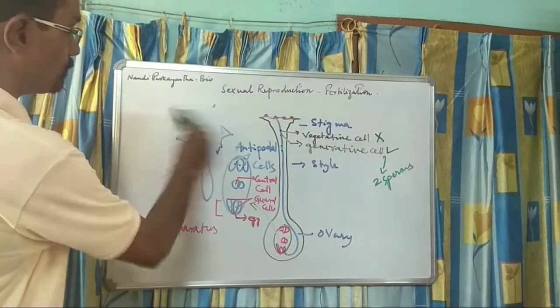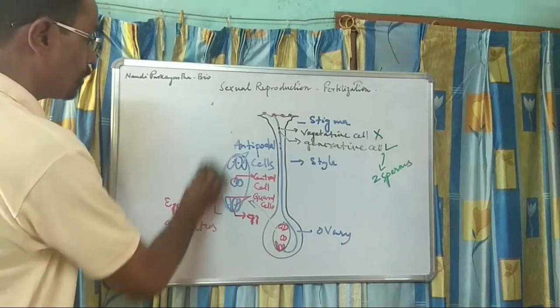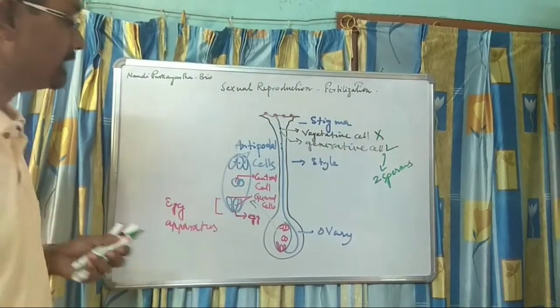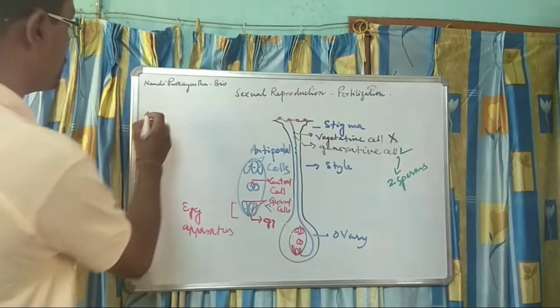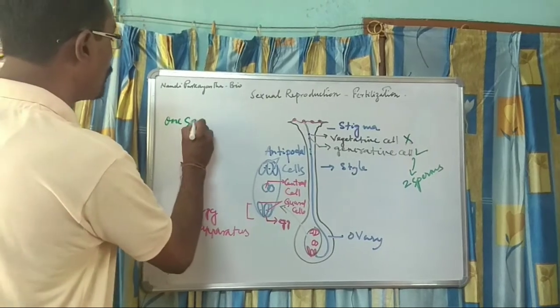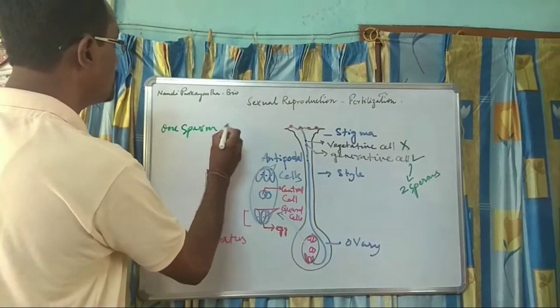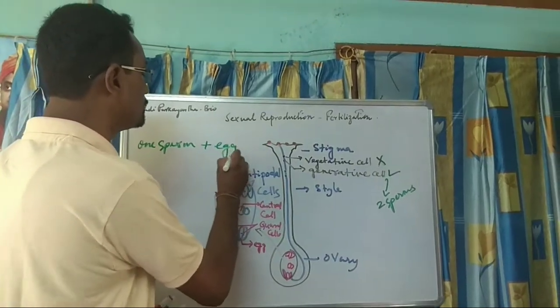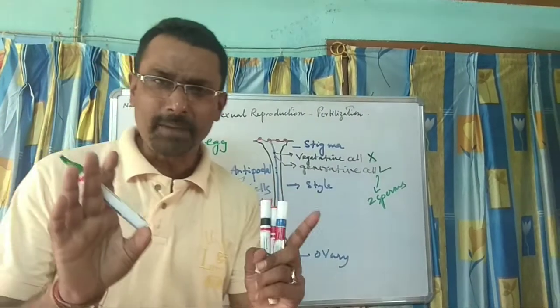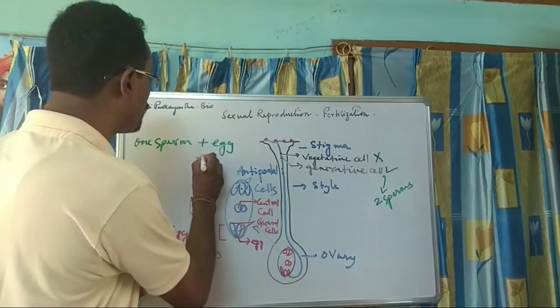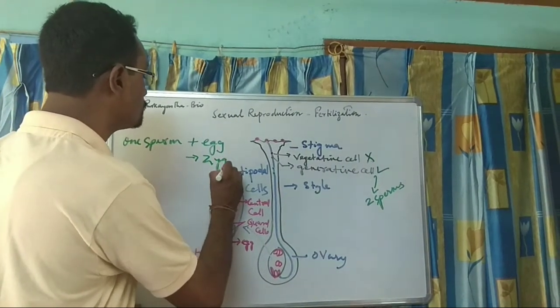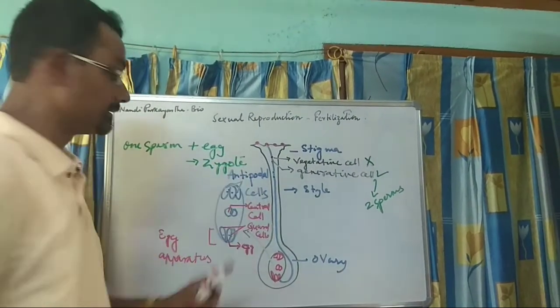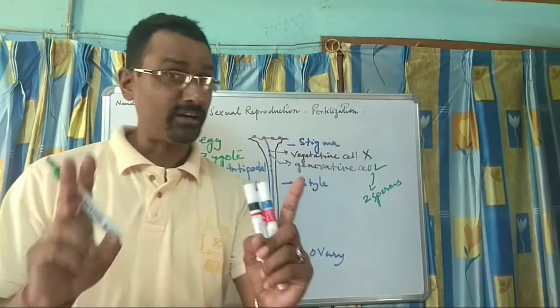This pollen tube, pollen grain, I'm rubbing it. Now see, these two sperms come. One sperm fertilizes the egg, leading to the formation of the zygote. One fertilization is over.